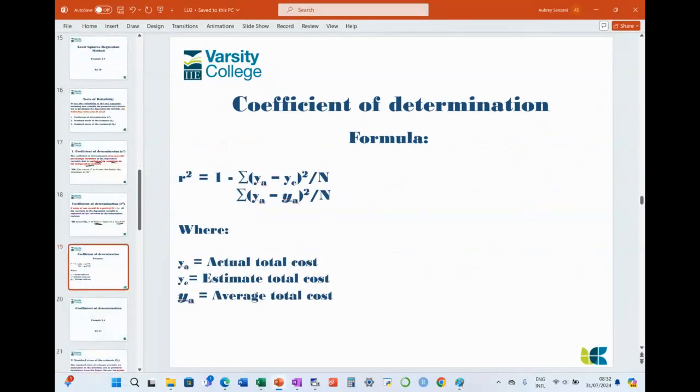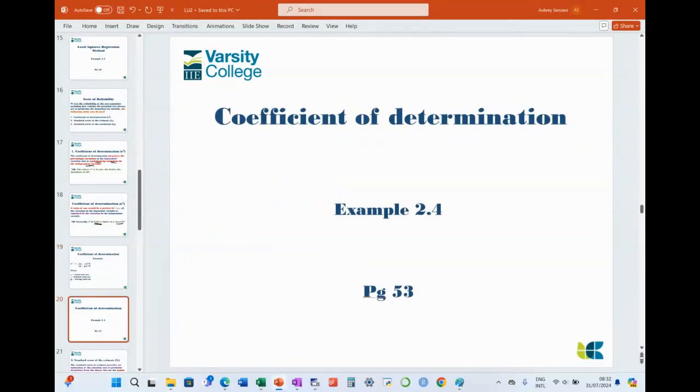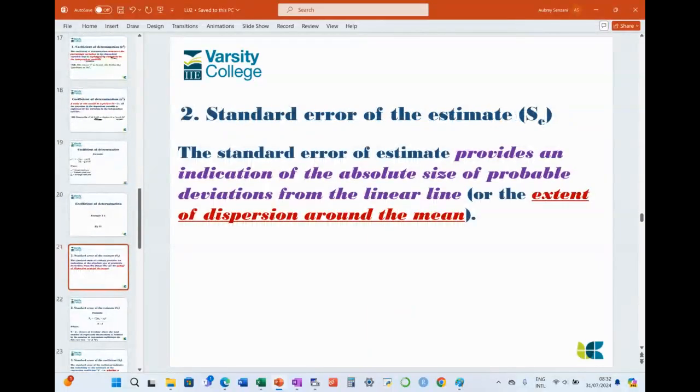Right, and then there's the formula. I have not seen them ask this too much. Usually they ask you to explain, what does this coefficient of determination mean? Next we have the standard error of estimate.